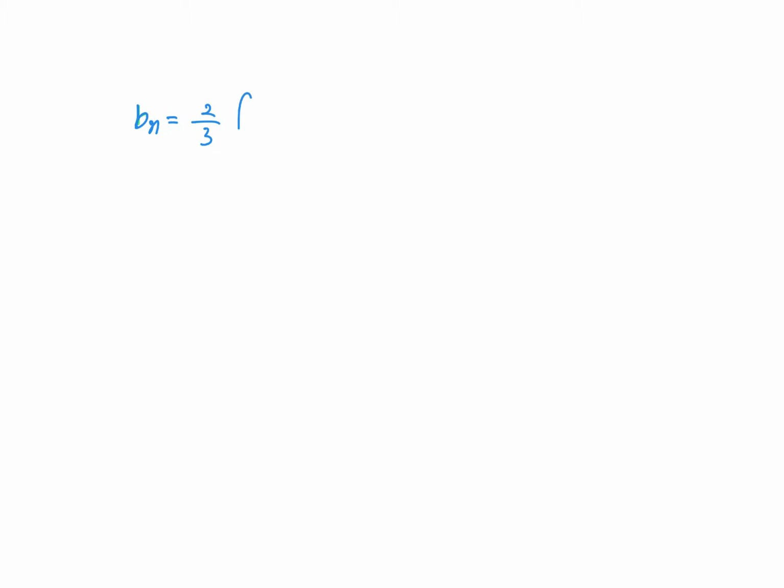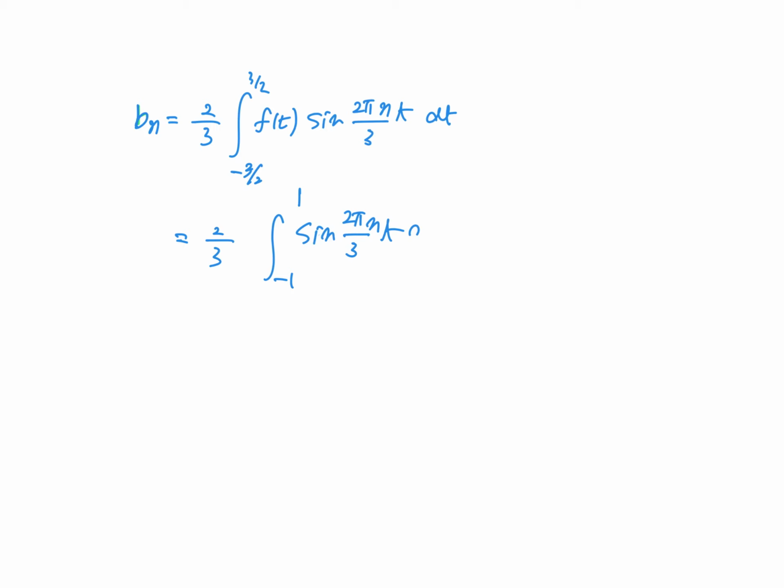bn is 2 over 3 times the integral of f(t) sine 2 pi n t over 3 dt, and it's only from minus 1 to 1. f(t) is 1, so simply sine 2 pi n t over 3 dt.